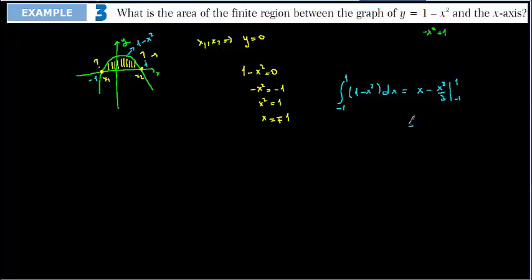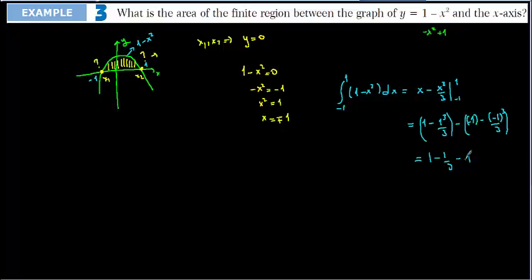Then it's equal to 1 minus 1 cubed over 3, minus, minus 1 minus minus 1 cubed over 3.